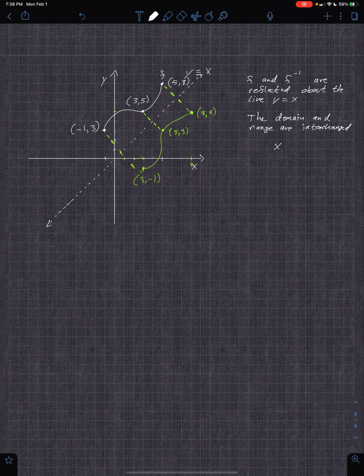So basically, x and y are interchanged. And see how that happened? This is -1, 3. It becomes 3, -1. 3, 5 becomes 5, 3. 5, 8 becomes 8, 5. So they're flipped. So it goes across the line y equals x when you do the inverses.